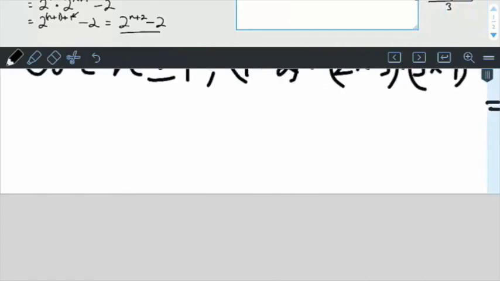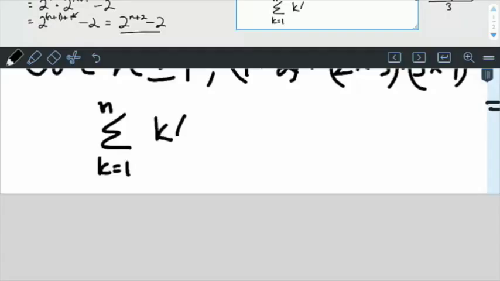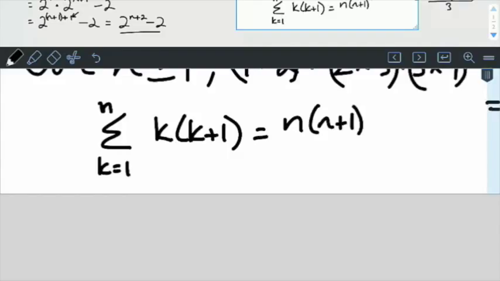Divide that whole quantity by 3. And for those who are more comfortable with sigma notation, this is the sum of all numbers k times k plus 1, where k ranges from 1 to some value n, equals n times the quantity n plus 1 times the quantity n plus 2. Divide that product by 3.